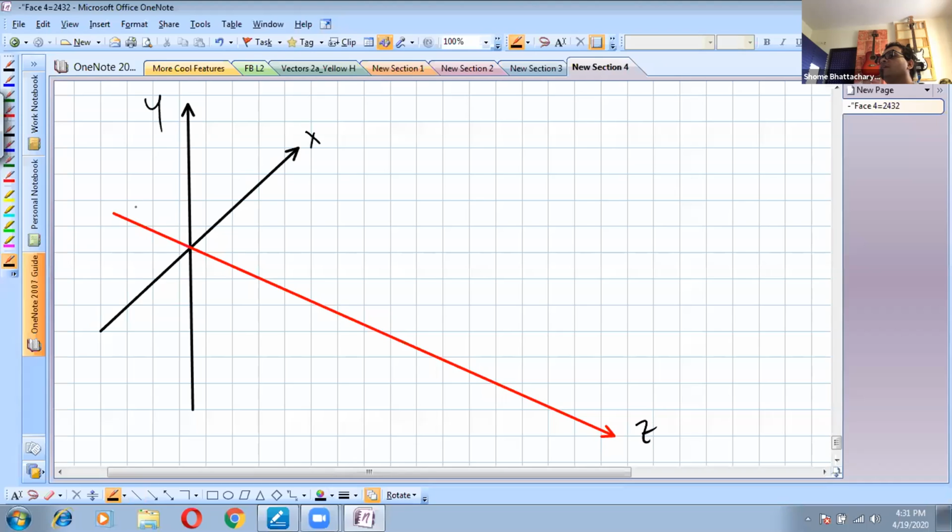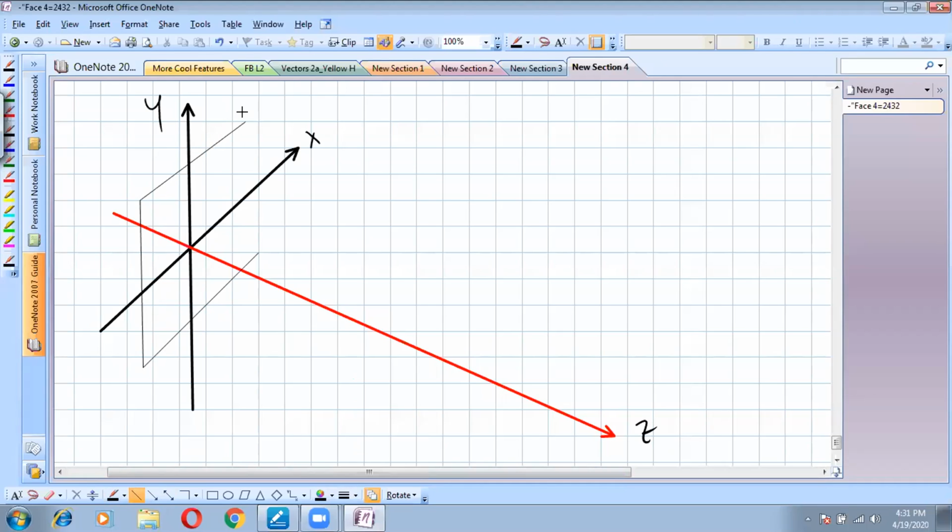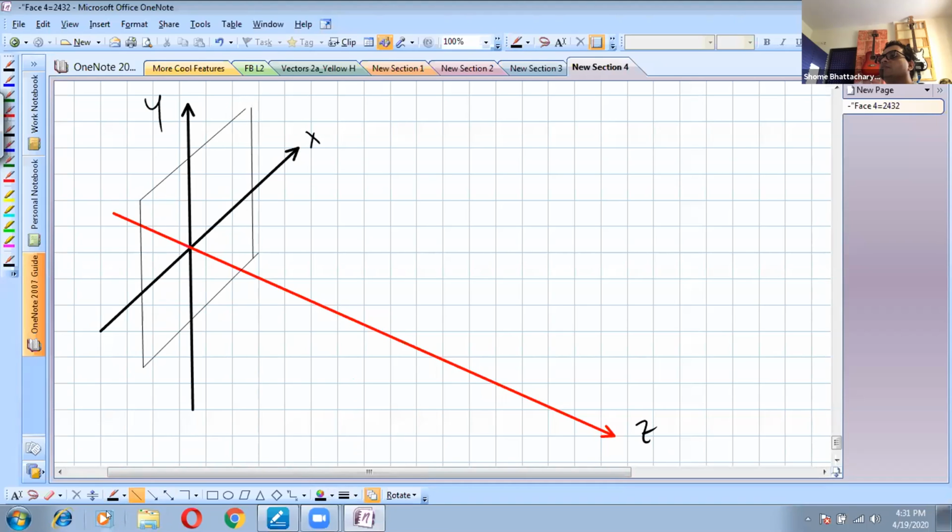So my square is now lying in the XY plane. So I'll draw my square separately. Not exactly a square, but anyway.